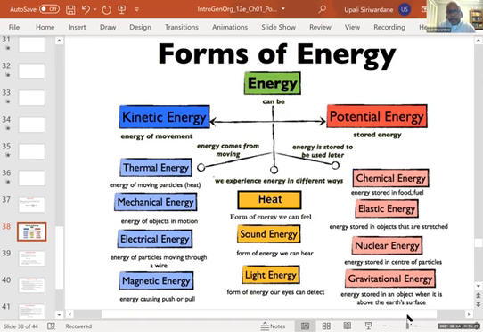Some produce heat directly, light directly, or electricity that is converted to sound, etc. All forms of energy could be converted to each other. That's one of the things about energy. Energy is conserved during the process.